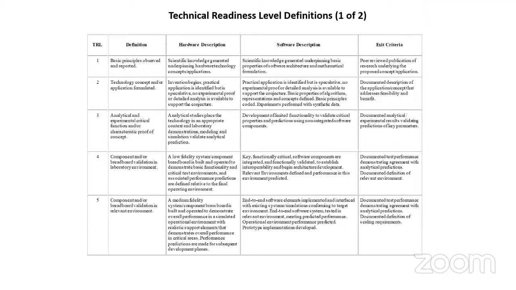Let's discuss the different TRL levels that we have. The first one is basic principles observed and reported, in which I'm going to discuss the hardware description, software description, and exit criteria. Starting with the hardware description: scientific knowledge generated underpinning hardware technology concepts and applications. For software description: scientific knowledge generated underpinning basic properties of software architecture and mathematical formulas.